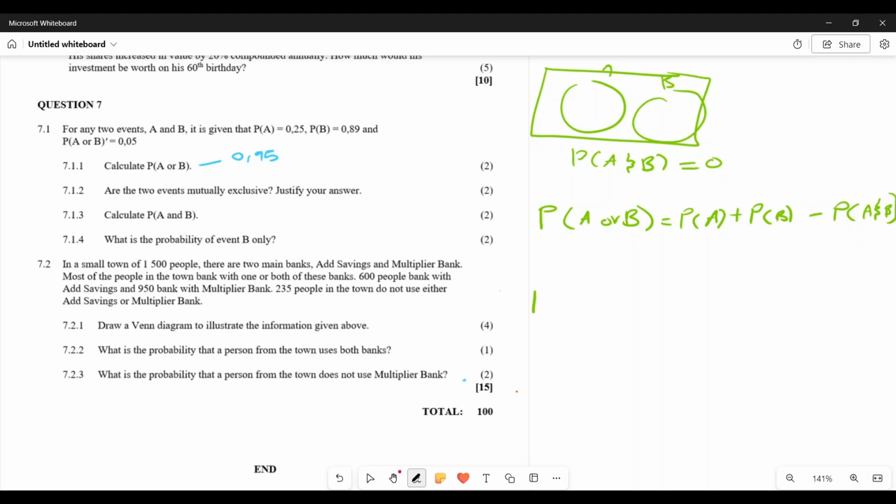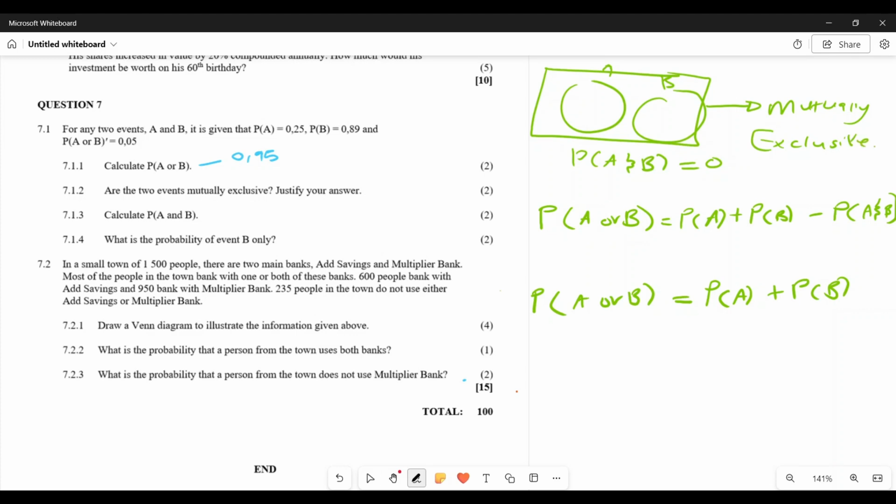So if we could prove that the probability of A or B we have just calculated is equal to the probability of A plus the probability of B, then the two events would be mutually exclusive.